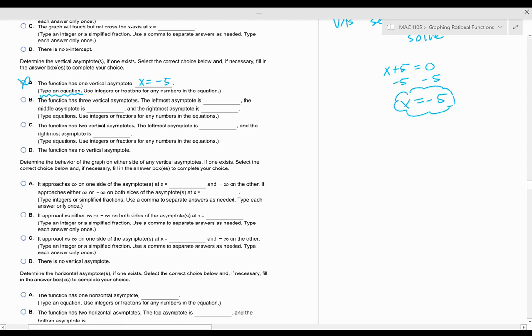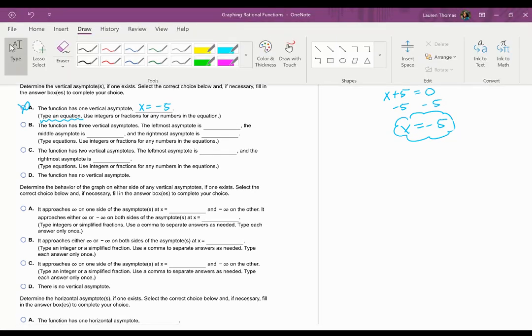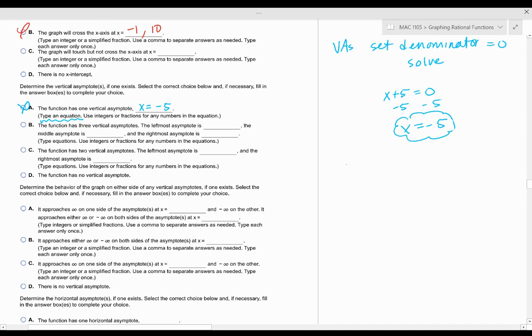Now they also want us to determine the behavior of the graph on either side of the vertical asymptote. Remember, the behavior at the asymptote is also determined by the multiplicity. If the multiplicity is odd, our graph is going to clash, which means it's going to head to opposite infinities.